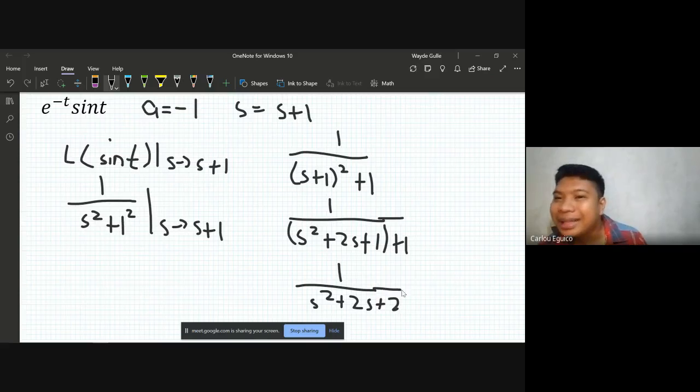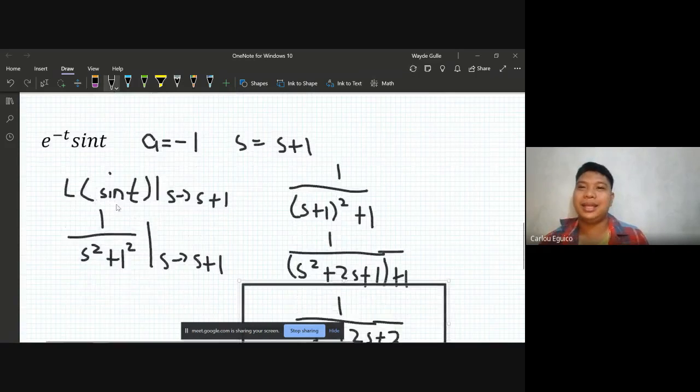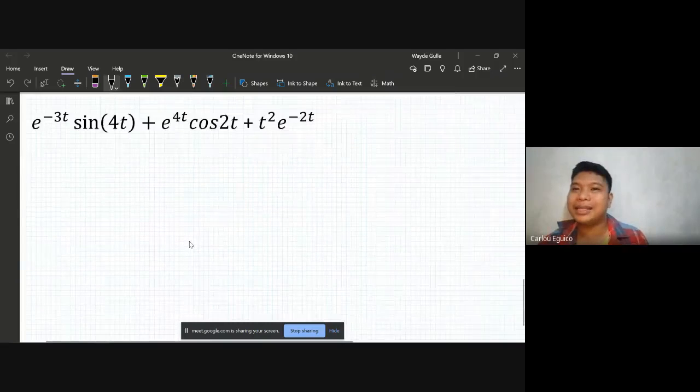So that is the translation on the s-axis of our given e raised to negative t sine t. I hope you are learning. So let's proceed to our third example.